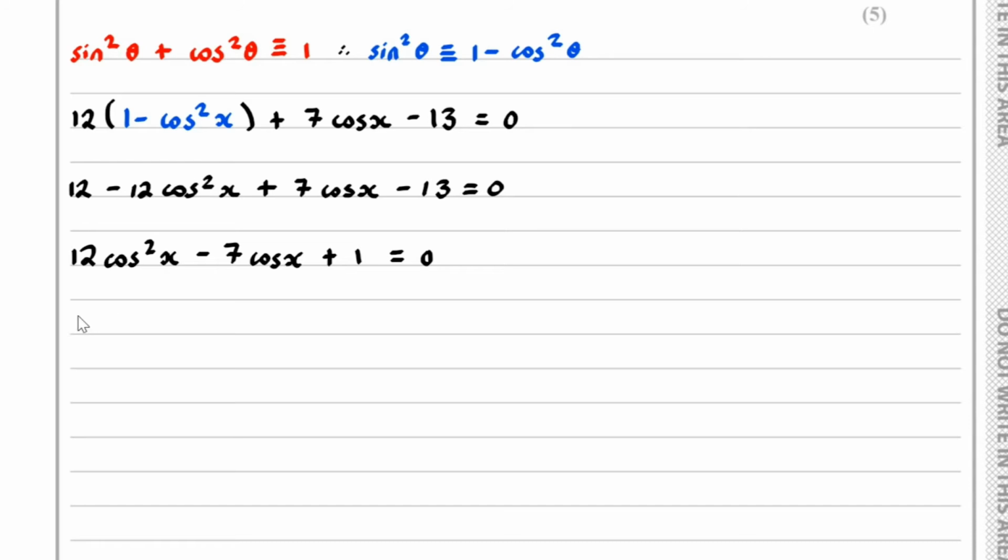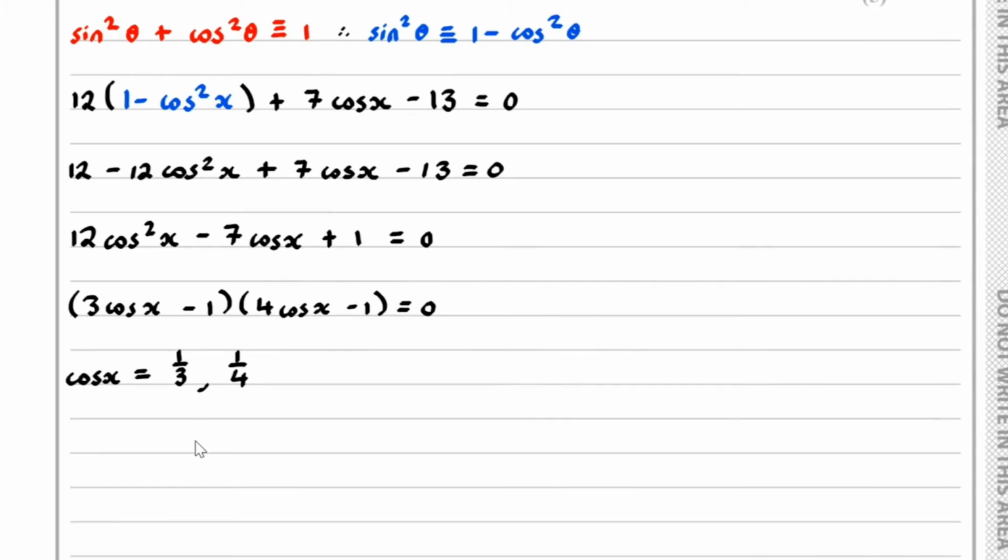And if I attempt to factorize, we have 3 cos x minus 1 multiplied by 4 cos x minus 1 equaling 0, from which we can see cos x is either equal to 1/3 or 1/4.